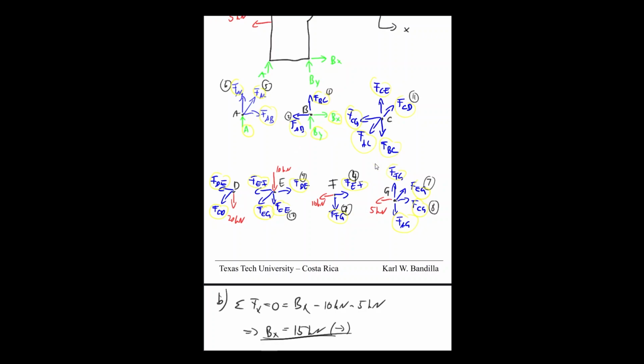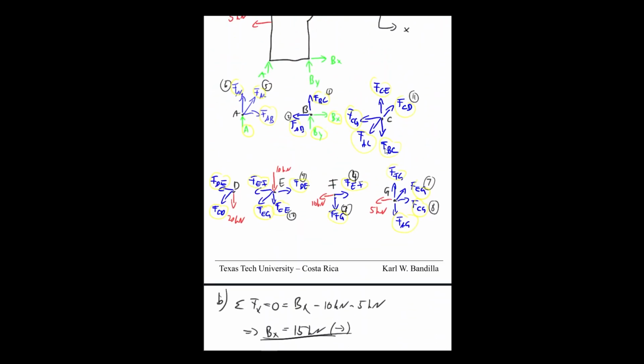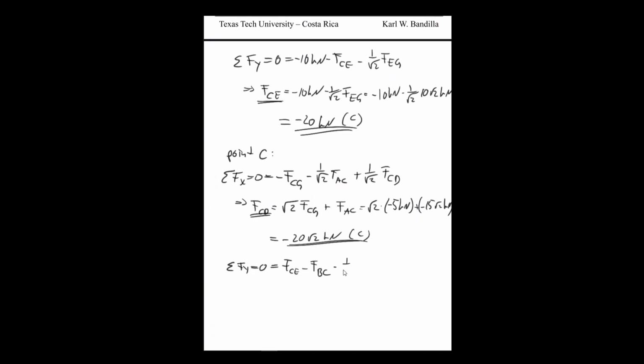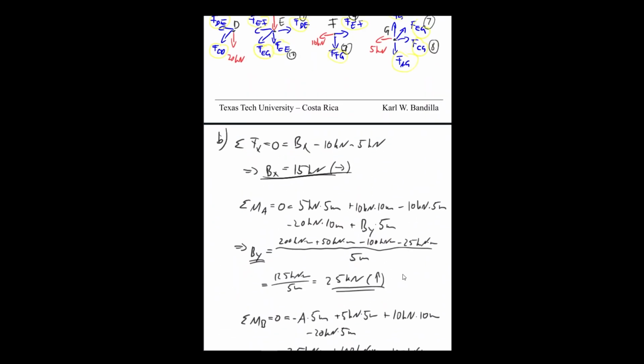We get FCE and BC. FCE minus BC. Yes, minus BC minus 1 over the square root of 2 FAC, and then plus the other one's at an angle too, 1 over square root of 2, that was AC, and then CD, FCD.